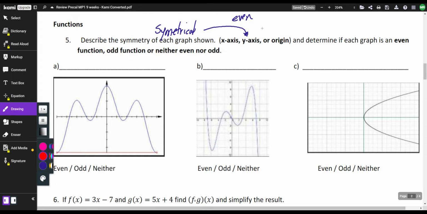If it's symmetrical about the origin, it's odd. And if it's symmetrical about the x, then it's neither.